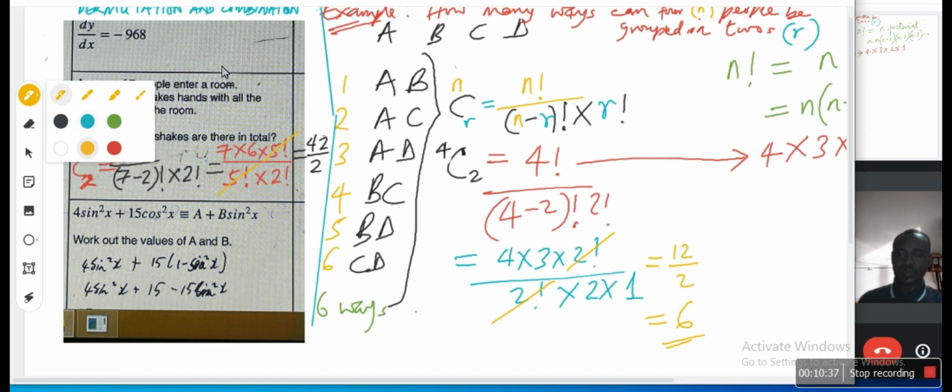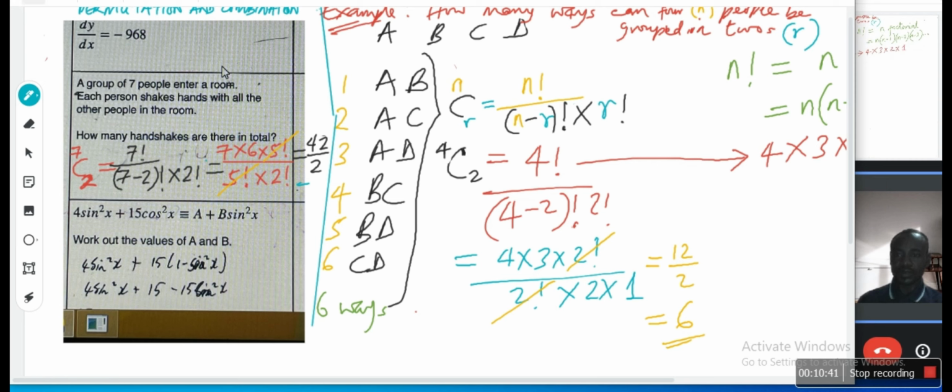So there are 21 ways to do that. When the number gets so big, you better use a formula that can get the answer easily. So the answer is 21.